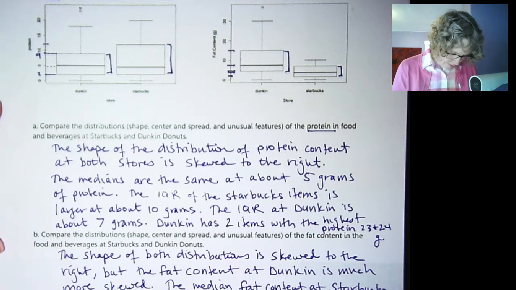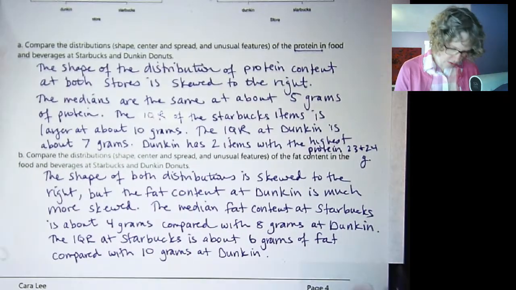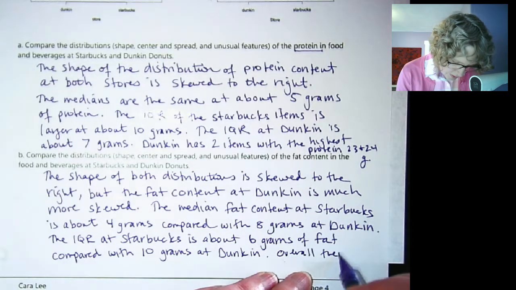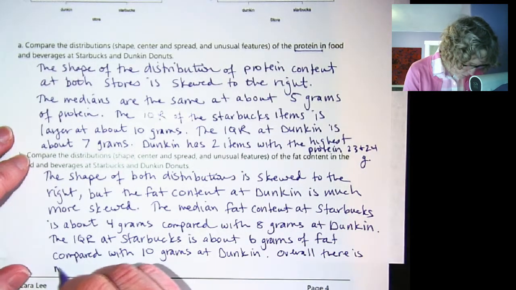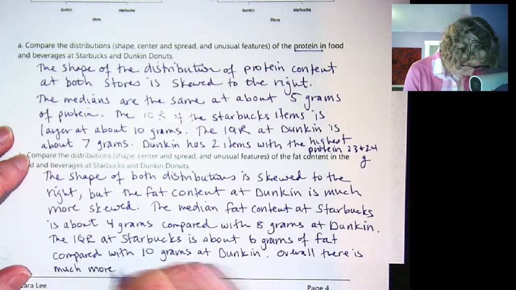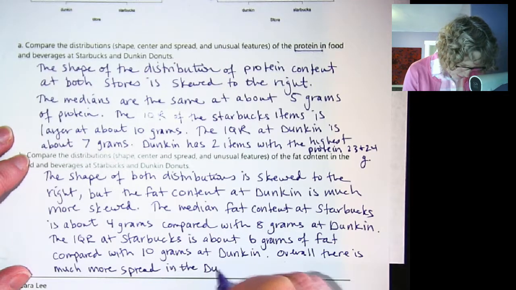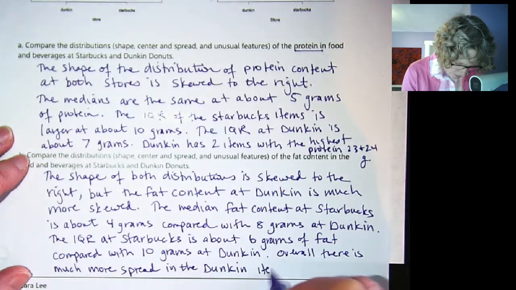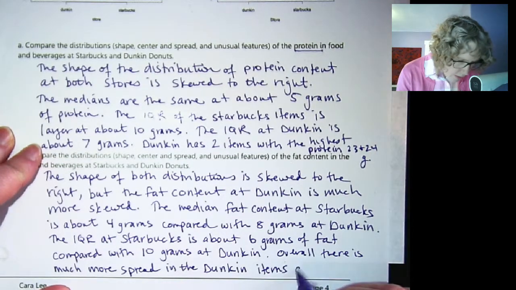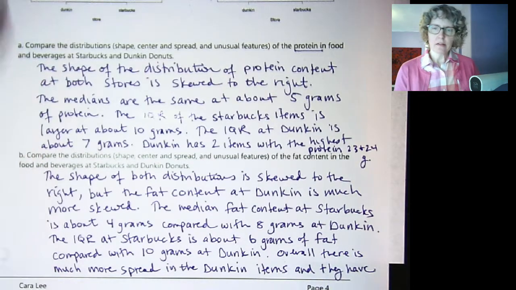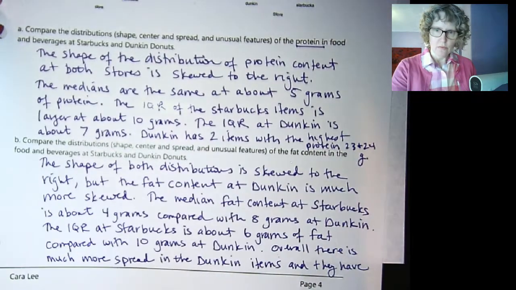Okay, so let's see. How are we going to write this? The IQR at Starbucks is about 6 grams of fat compared with 10 grams at Dunkin'. I want to say overall there is much more spread in the Dunkin' items, and they have one outlier.